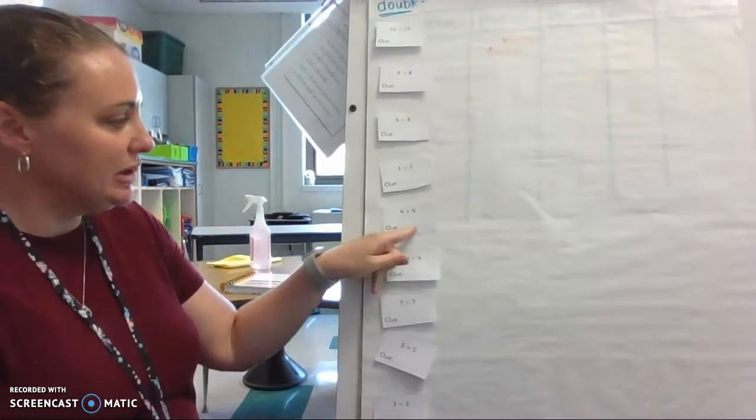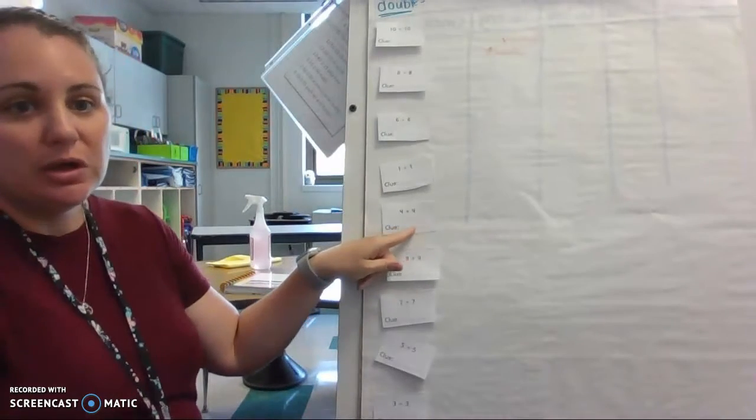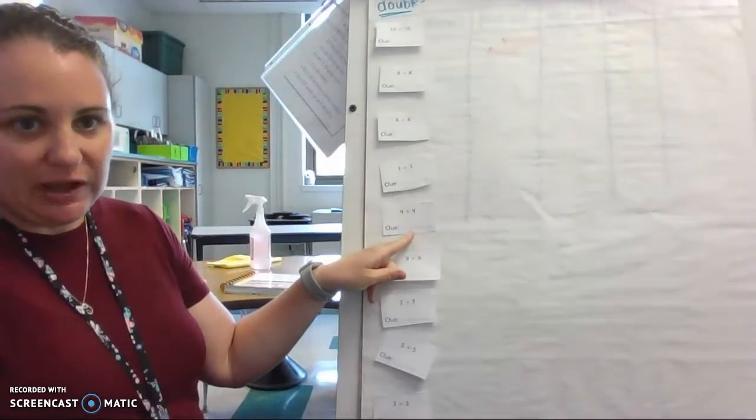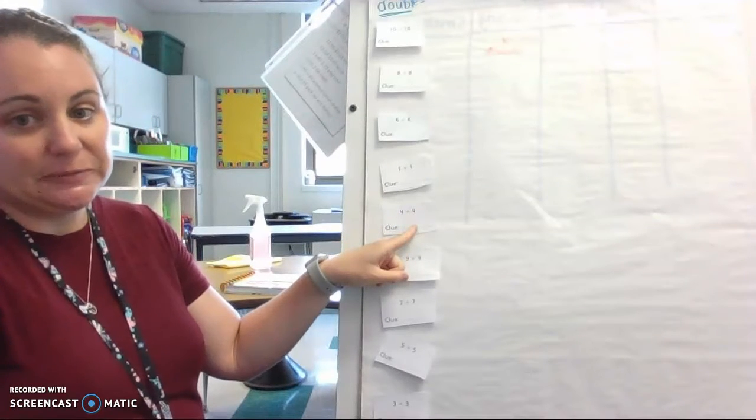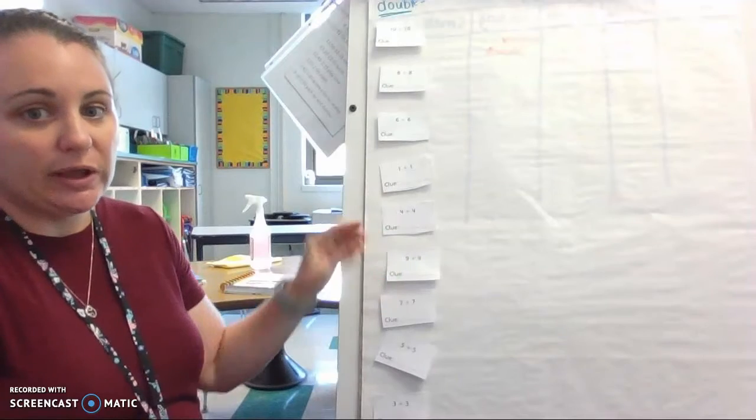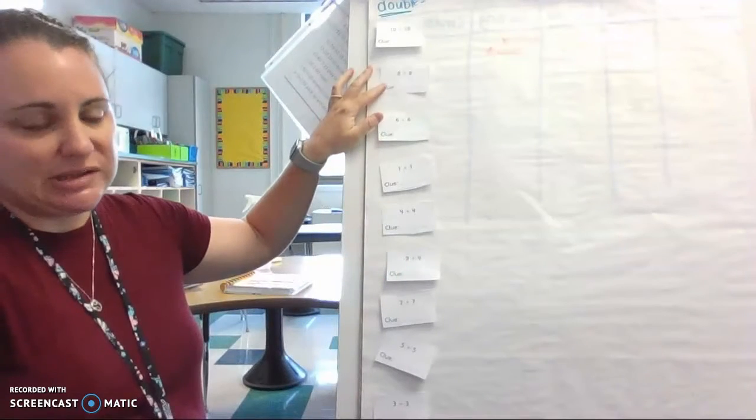If you notice this little line down on the bottom that says clue, this is not a place for you to write the answer. This is a place for you to give yourself a clue that helps you very quickly solve this problem. So I might know that 4 plus 4 is 8. That might be something that I know really quickly. But I might not know 8 plus 8 quickly.